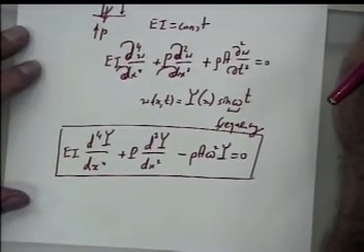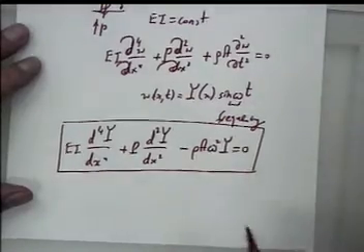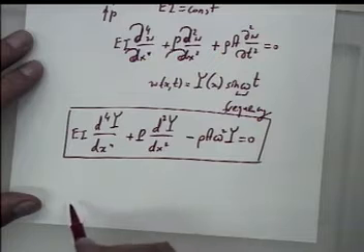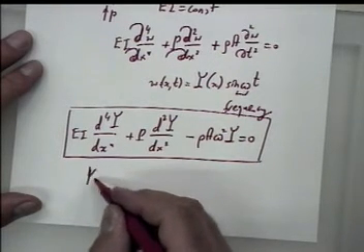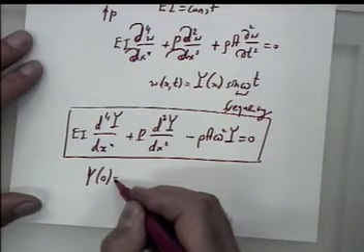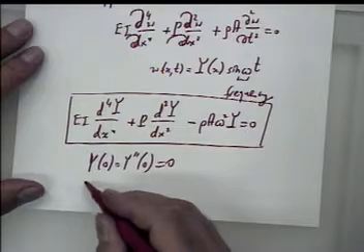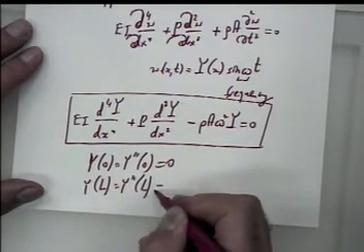Now we get the following. Because it is simply supported, Y at 0 equals Y second derivative at 0 equals 0. Y at L equals Y second derivative at L equals 0.